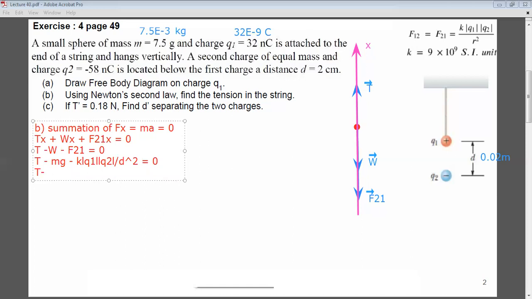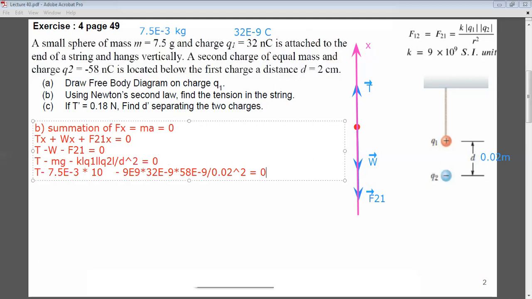So I have tension minus, let's plug in numbers, 7.5 e to the minus 3 times 10, which is the gravity, minus k, 9 e to the 9, times Q1, 32 e to the minus 9, times the absolute value of the second charge, 58 e to the minus 9, divided by the distance between them, 0.02 squared.